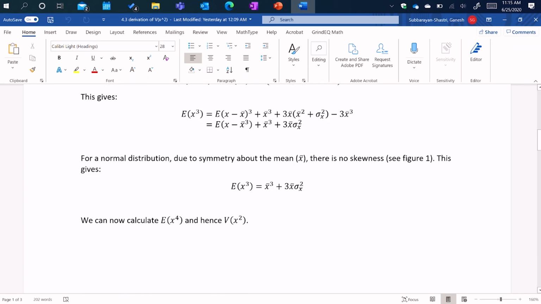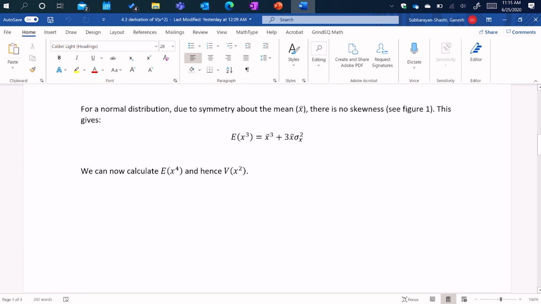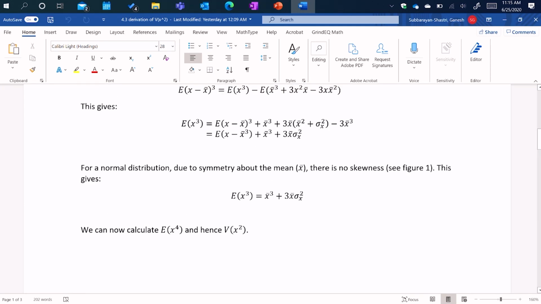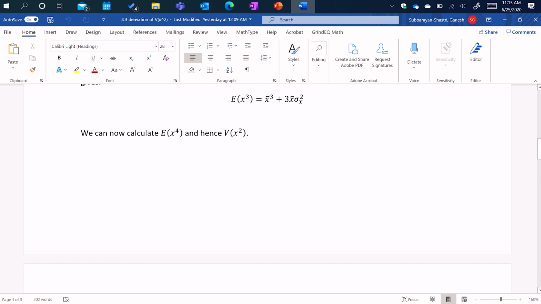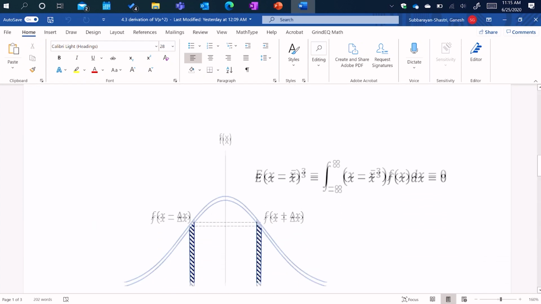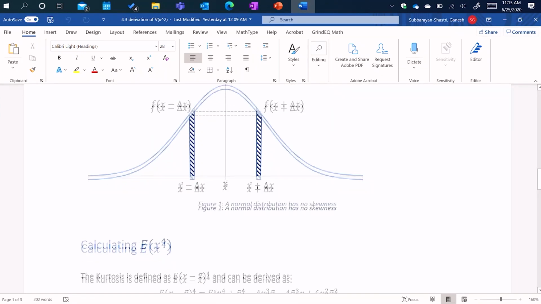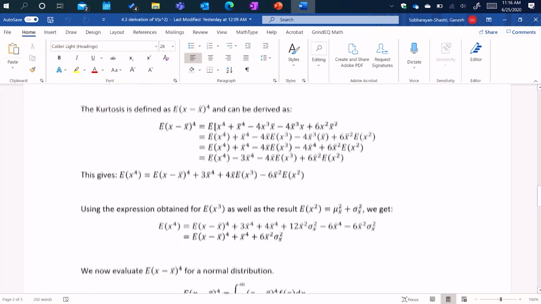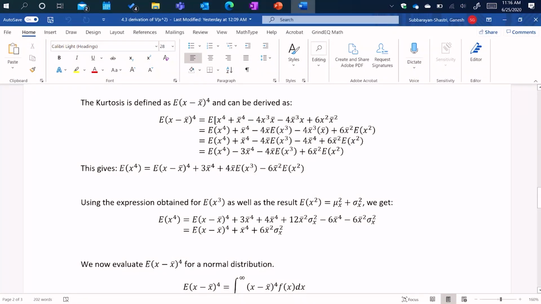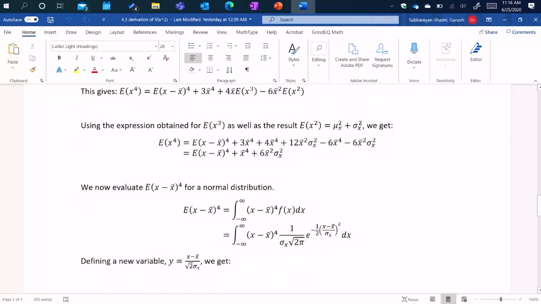So this allows us to write the expected value of x cubed. Expected value of (x minus x bar) cubed is the skewness. And similarly, now we can go through and calculate the expected value of (x minus x bar) to the power 4.